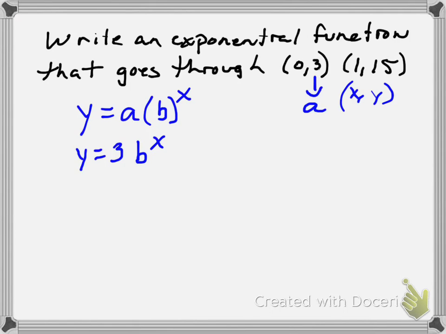And we did it with quadratics too, where you'd put in the vertex, and you'd put in the point, and you'd solve for a. So we put in the y-intercept for a, and we put in the 1, 15 for x and y. And we are going to solve for b, which is simple algebra. b equals 5.